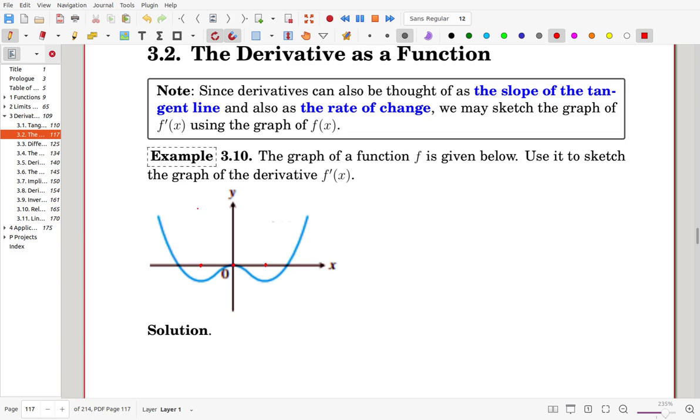Okay, now we can divide the region into a few sub-regions like that. Then, in this region, if we choose any point here, the slope is negative.